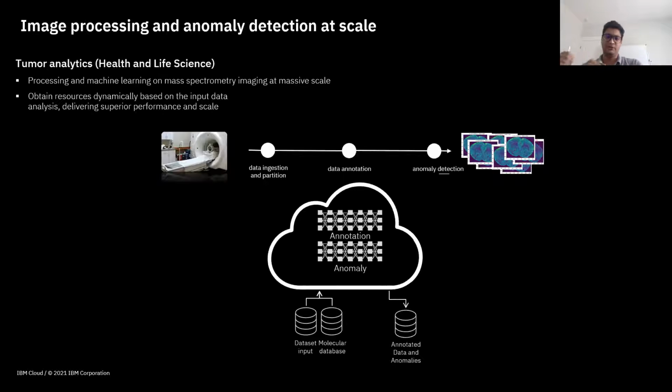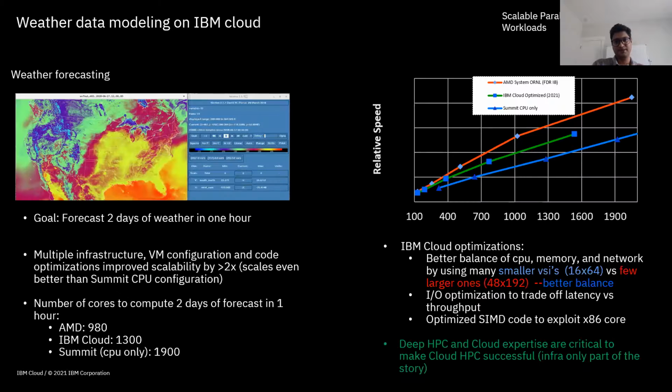And once done, you give it to the anomaly detection engine to find the anomaly. So all this requires a lot of resources. Again, this was developed with the same approach as we saw on the Ray platform and with open pipeline with Python. And the backend infrastructure was selected as IBM Cloud OpenShift and Code Engine to do the data annotation and anomaly detection part of the pipeline.